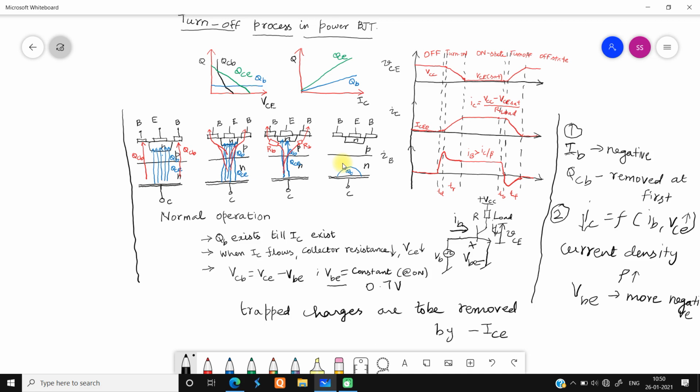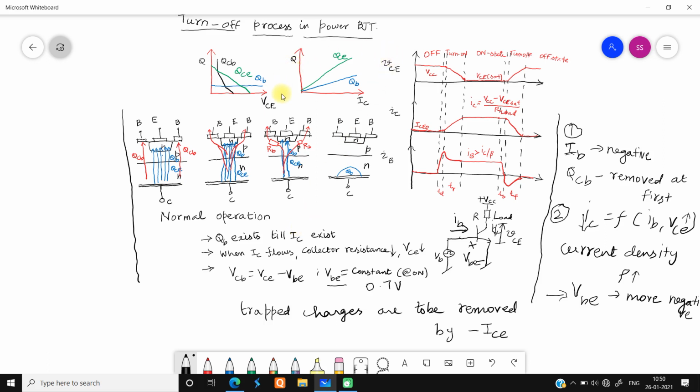Since this current flows inside the material due to the negative VBE which was obtained in the storage time itself, this minus VBE will lead to the constitution of this negative ICE, so the trapped charges will be expelled from the device.